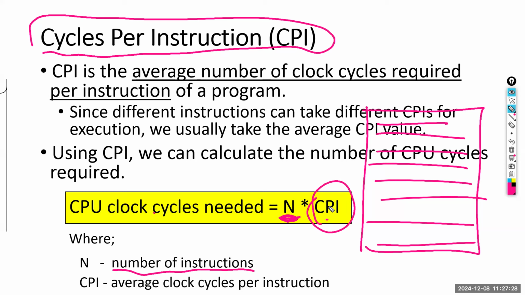The time for one clock cycle is 1 over clock rate. So CPU time is n into CPI, the CPU cycles needed, multiplied by the time for one cycle, that is 1/r, 1 over clock rate. That gives the CPU time for that program, if you know its machine instructions.